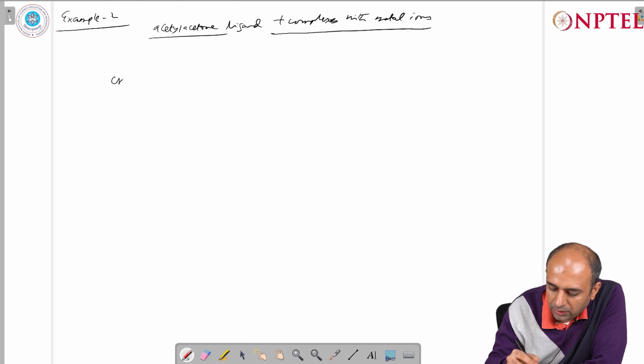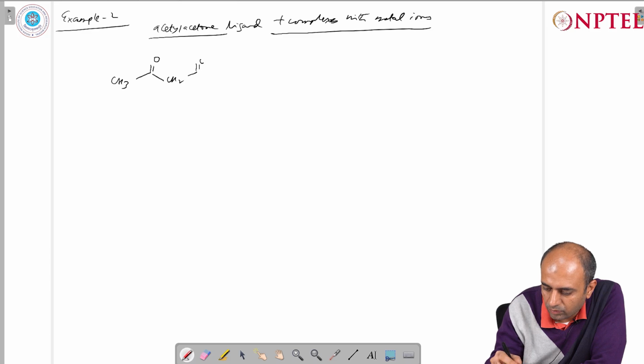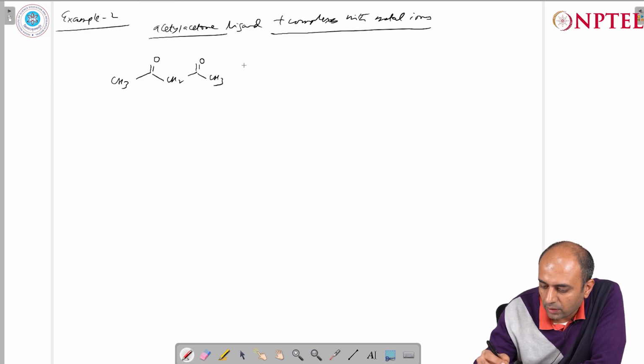So, let us look at this particular ligand. Acetyl acetone exists in the keto form, and it is in equilibrium with the enol form.